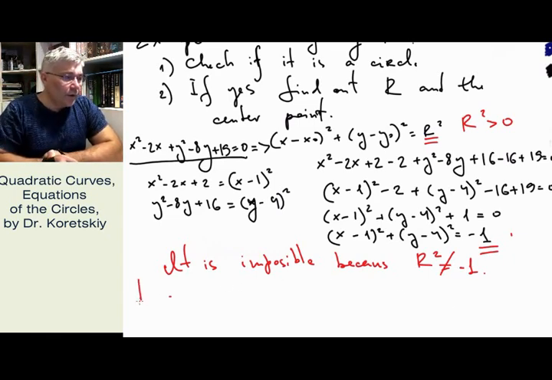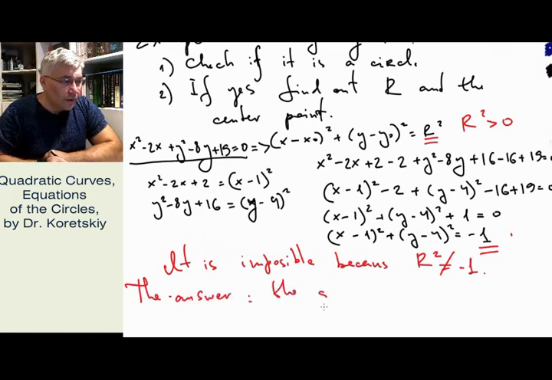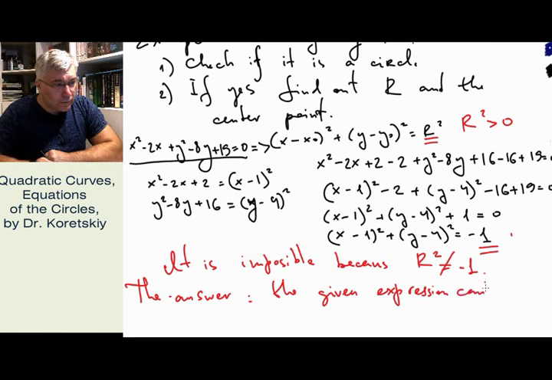So the answer here: the given expression can't be an equation of the circle.